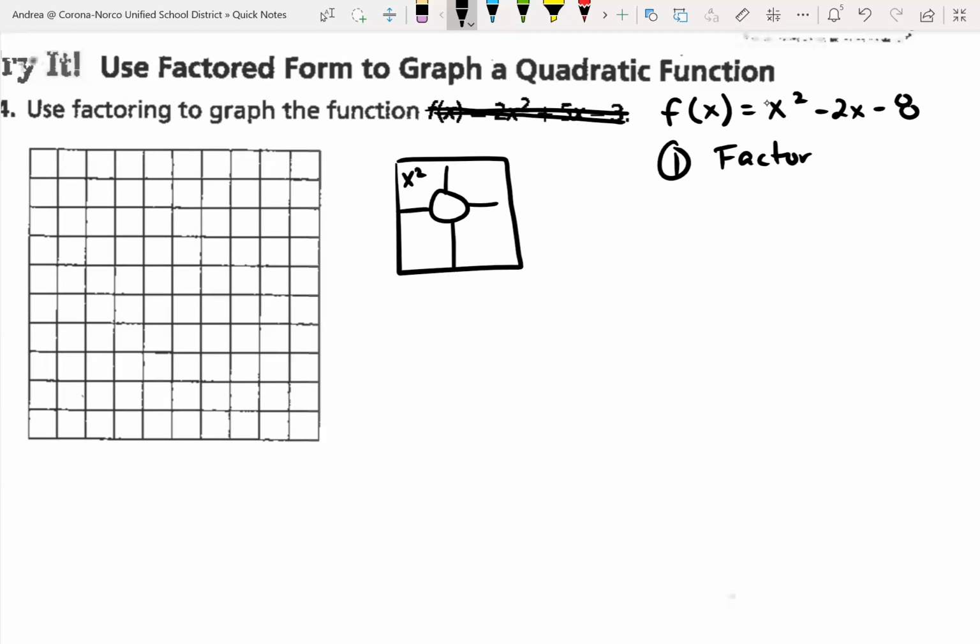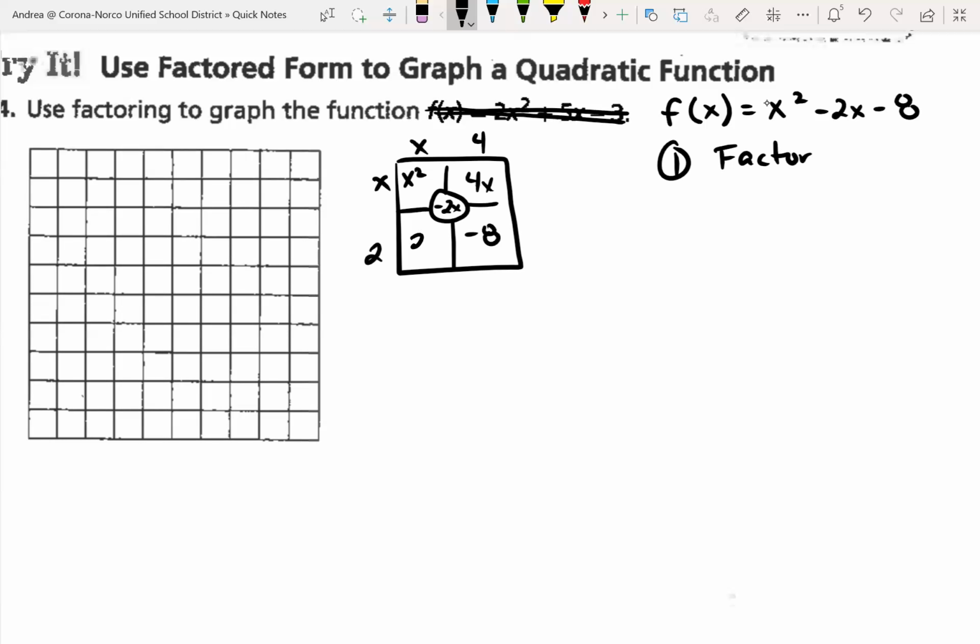We've got x squared minus 2x minus 8. Yes, but it's asking you to use factoring to graph the function. It's not asking you to solve, it's asking you to graph it by factoring. So we're going to show you how to do that. Okay, x times x gives me x squared. Okay, negative 8x is 4 and 2. 4 times x is 4x.